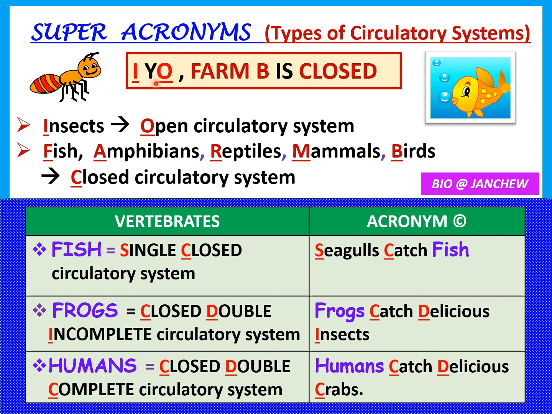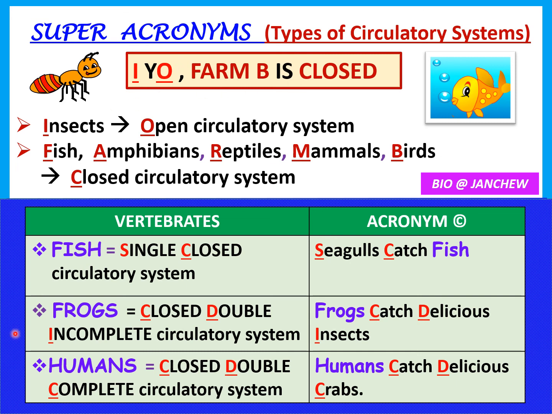So you're disappointed, and this is a phrase expressing this disappointment. IO, Farm B is closed. So I is for insects, O is for open circulatory system. And then the farm B, of course, are all the vertebrates like fish, amphibians, reptiles, mammals, birds. And closed means closed circulatory system. So IO, Farm B is closed, right?